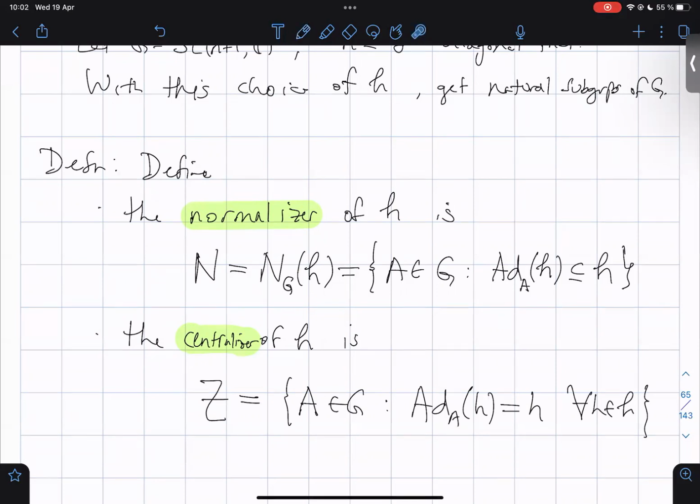Okay, so the normalizer acts on H, and it might shuffle things around inside H, non-trivially. The centralizer fixes every point of H.